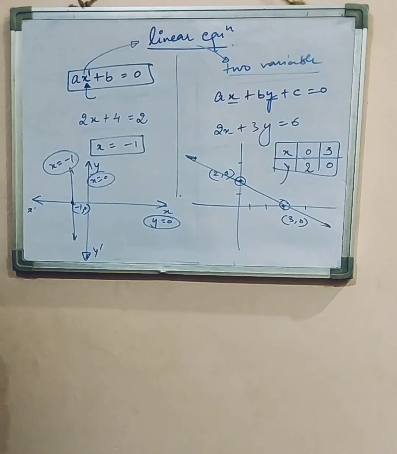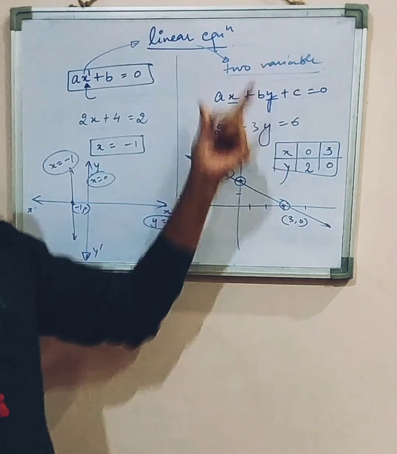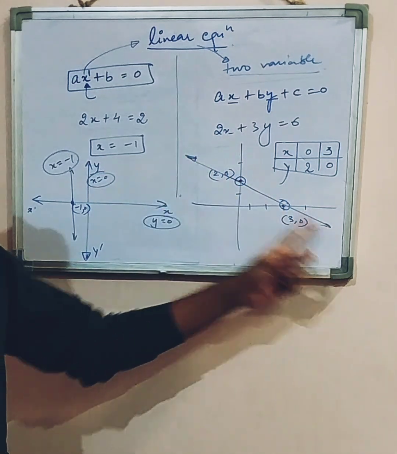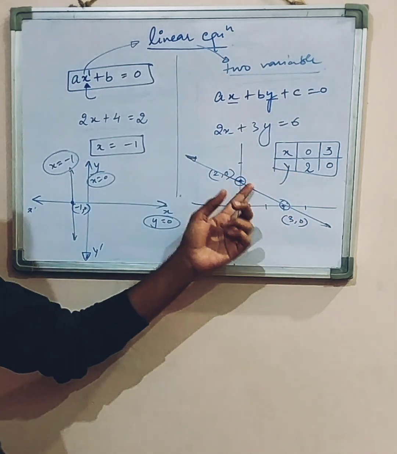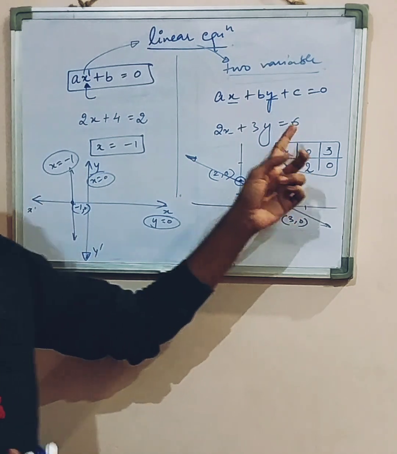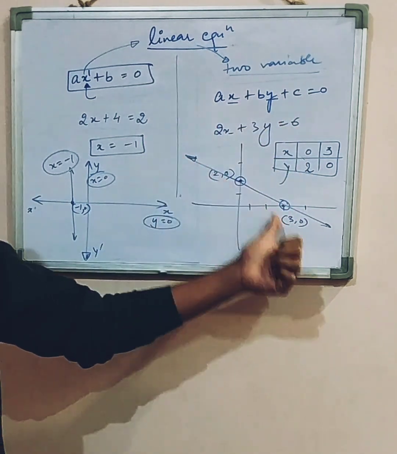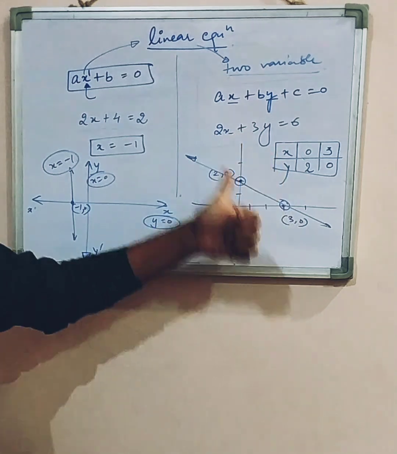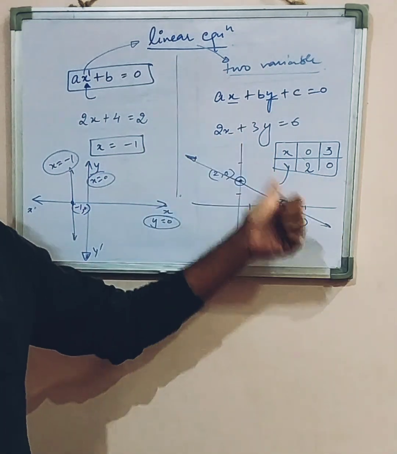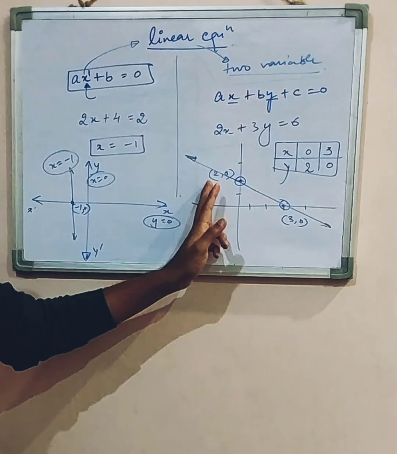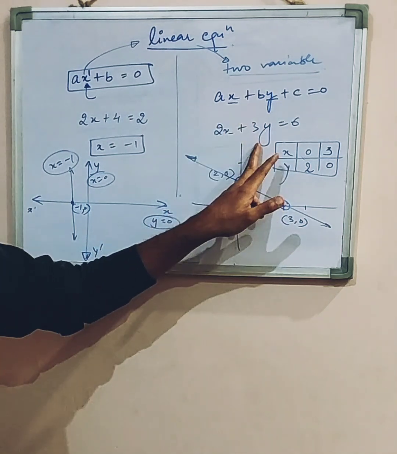Now, how many solutions exist? If I talk about two variables, one equation, how many points are there on this line? Solution means a point which satisfies this equation, right? There are infinite points on this line which satisfy this equation, so there are infinitely many solutions.